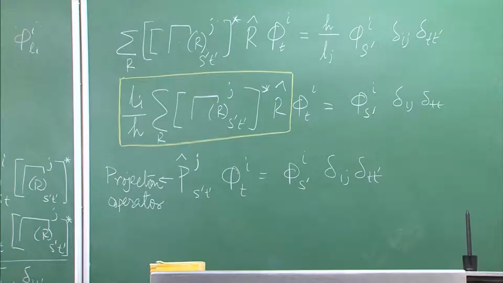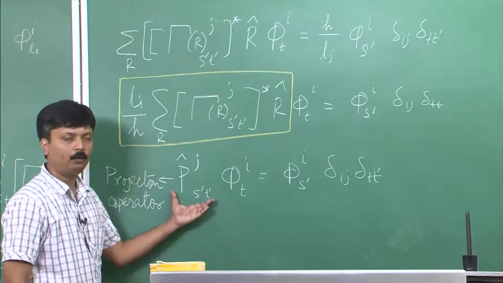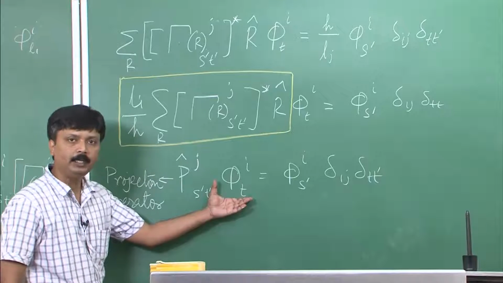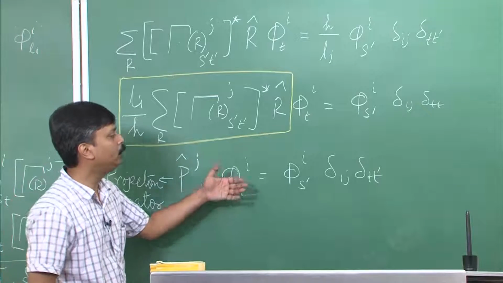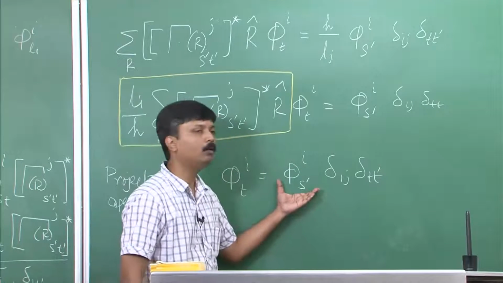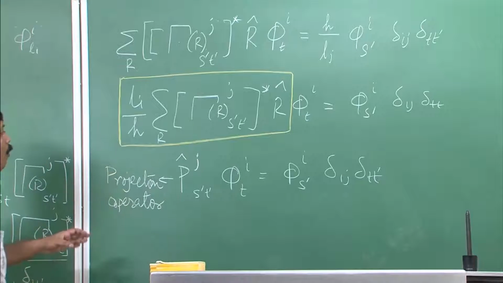So now you can see that this particular operator, when it is operated on any arbitrary function phi t, projects out another function phi s prime.